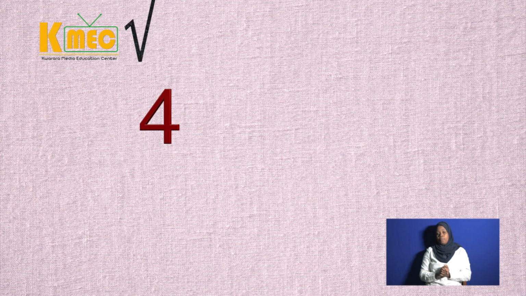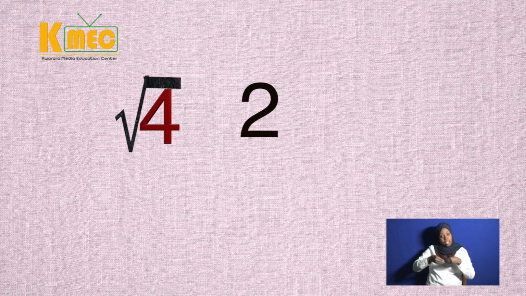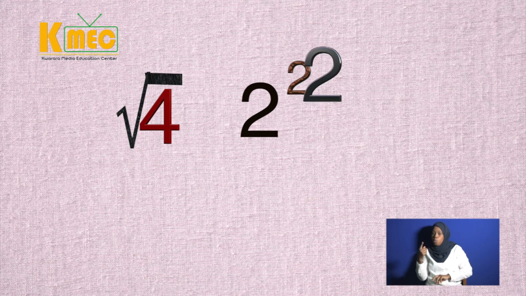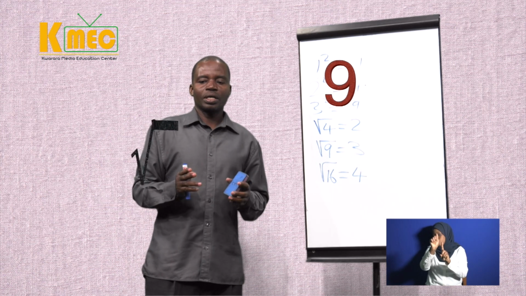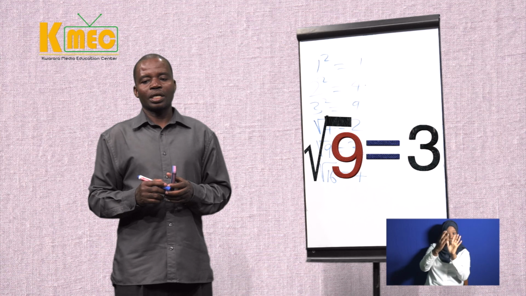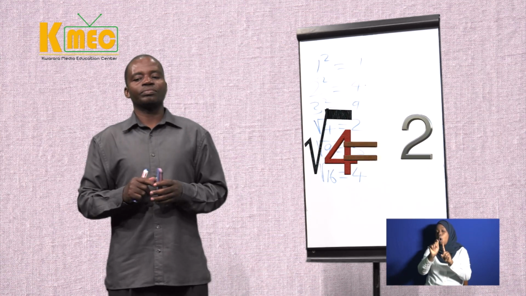To find the square root of a given number means to find another number which can be squared to give the given number. Simply, it is the reverse of the table of squares. For example, the square root of 9 is 3, and the square root of 4 is 2.